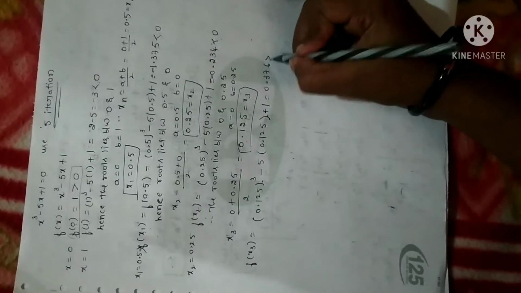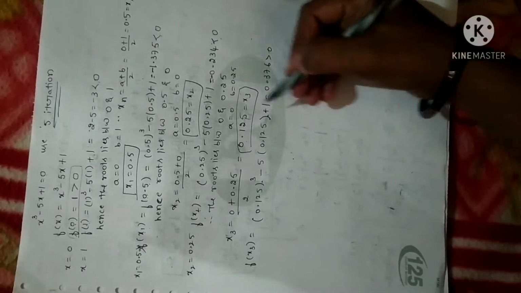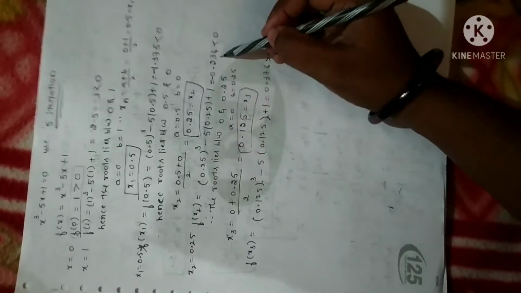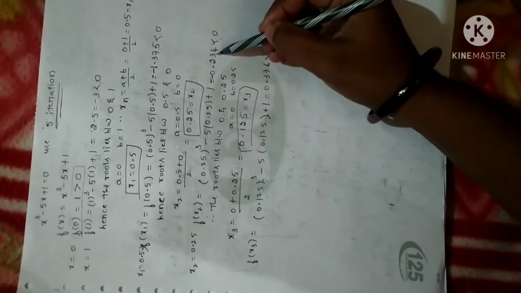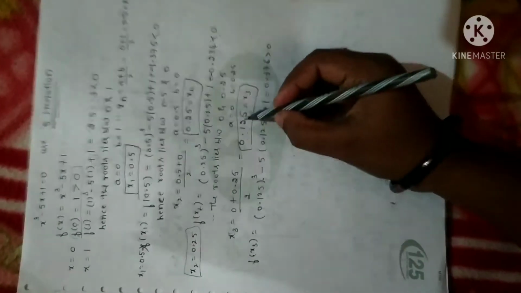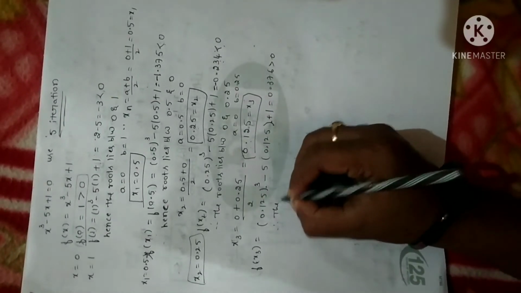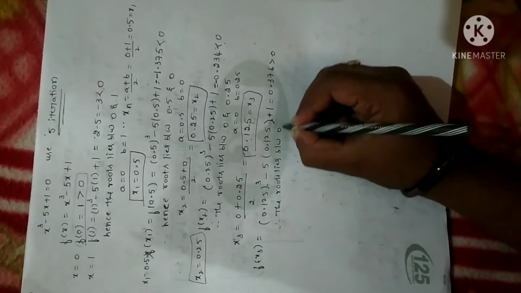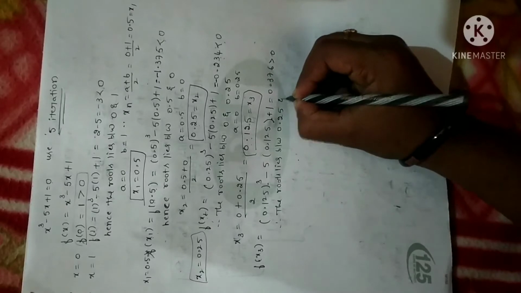That is a positive value. Now look for the next preceding step where f of x is negative. So f of x2 is negative, right? So x2 value I have to take. Now x3 value is 0.125. Clearly I can write the root lies between 0.25 and 0.125.